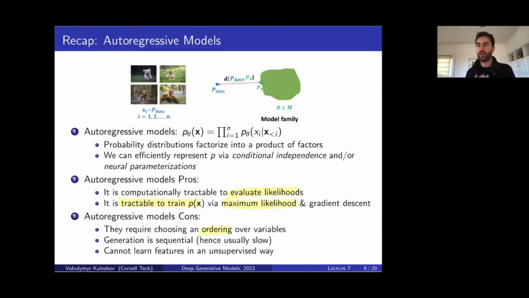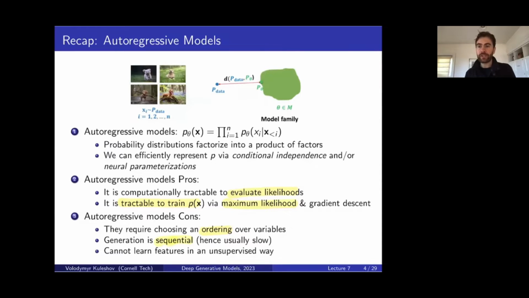These things are a little bit unnatural, so this is more of a conceptual shortcoming. A slightly more important shortcoming is that because these models are autoregressive, we can only generate from them one pixel at a time or one element at a time. So generation is sequential, and oftentimes this is going to be slow.